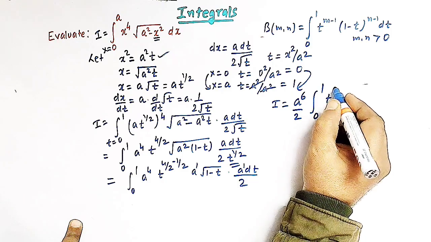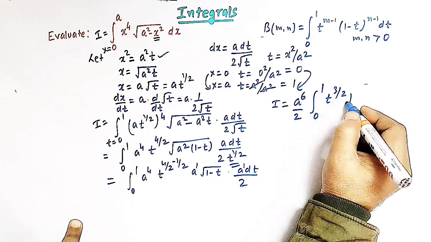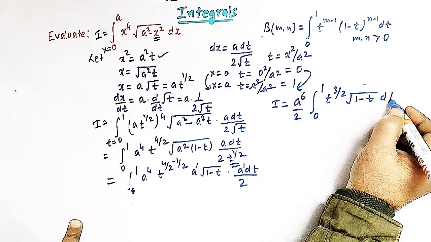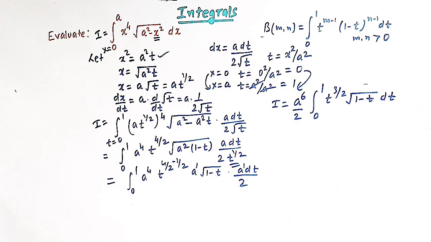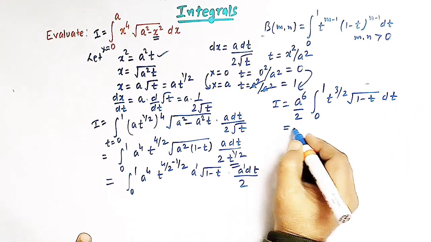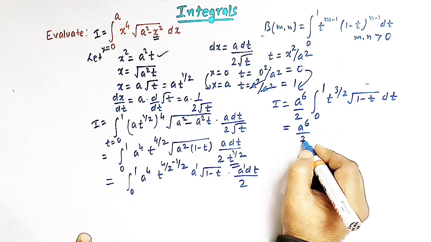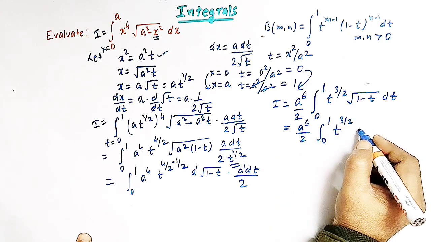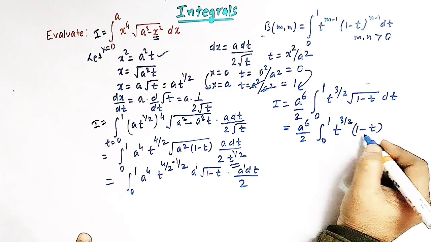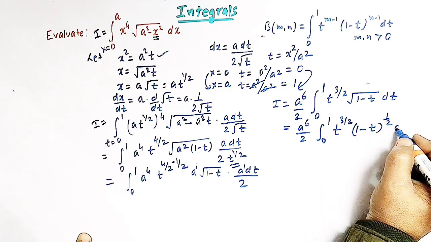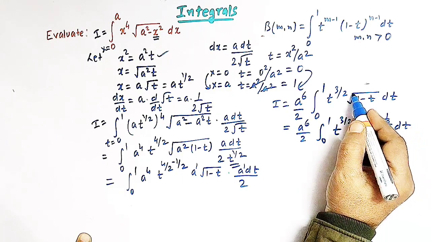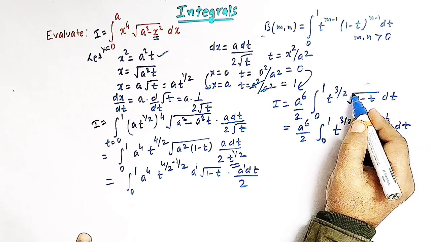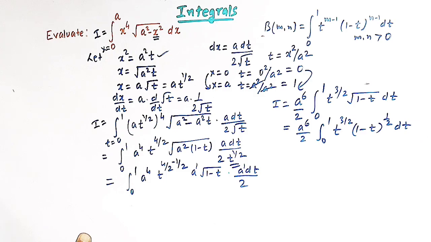So we have t raised to 3 by 2 times square root of 1 minus t, and here we have dt. So now we can write a raised to 6 over 2, 0 to 1, t raised to 3 by 2, and 1 minus t raised to half, and here we have dt. We can write here 1 over 2 for this radical sign, that is the square root.